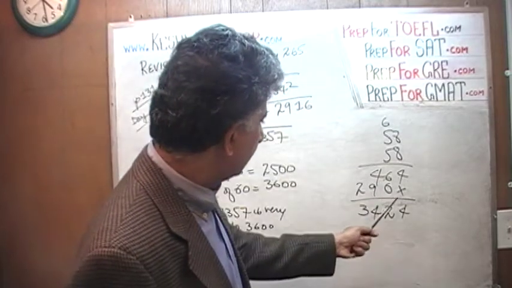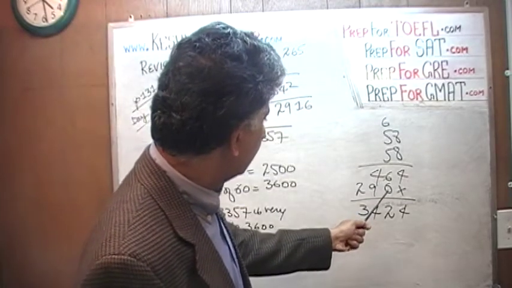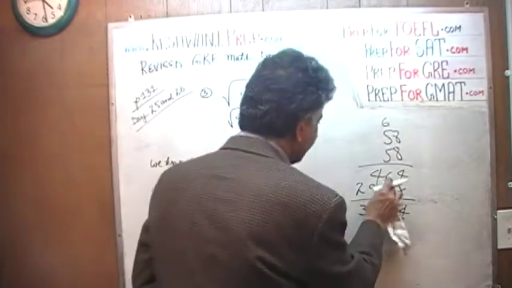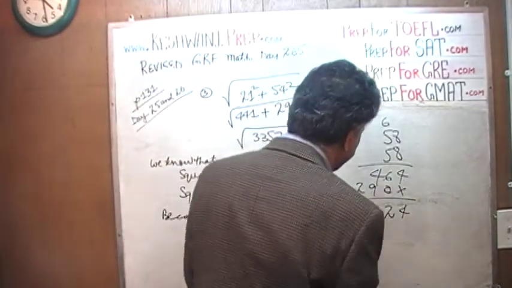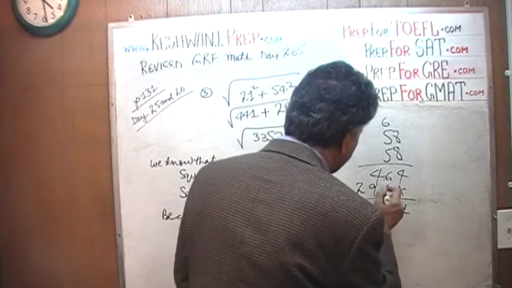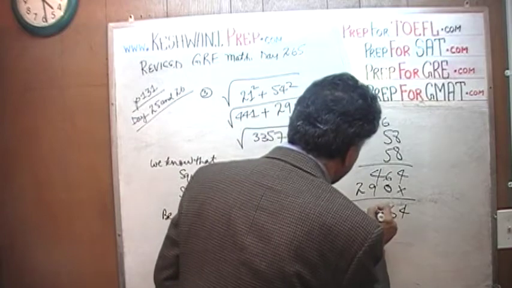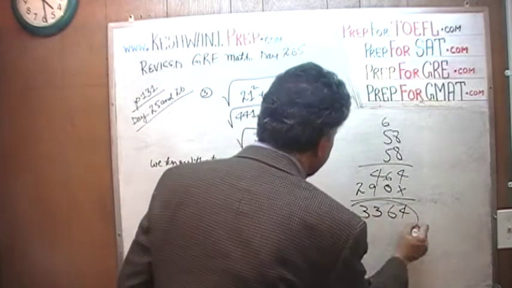Maybe I made a mistake. Is that a 0 or a 6? I have to redo it now. That was a 0. That's a 0. So we get a 6 here. And we get a 13 here. Oh, there you go, 3364.